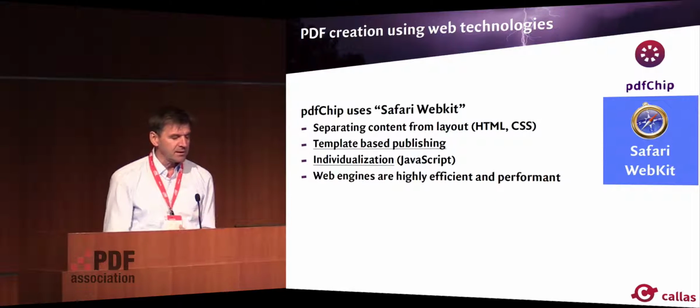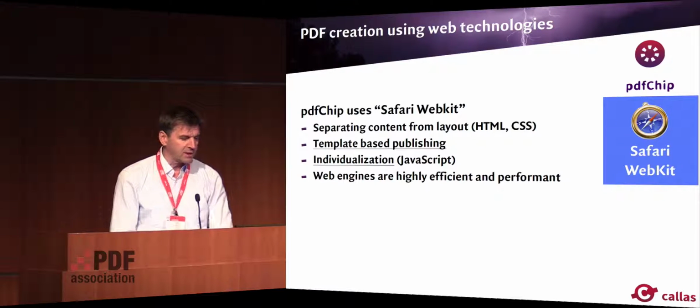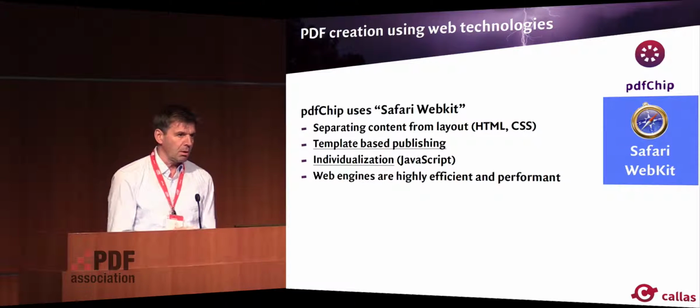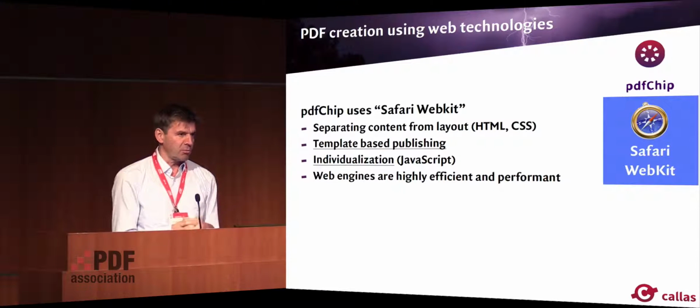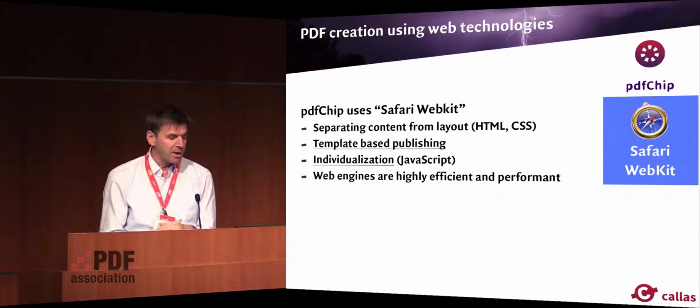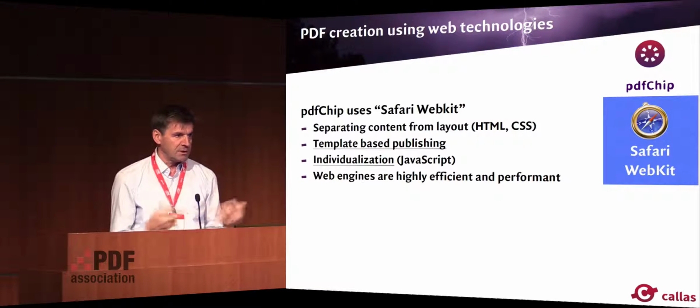What we've done is inside of PDF Chip, the WebKit is working, which is the same browser engine that is being used in Safari. So just a regular browser engine, and that gives you all the abilities that you have in web design and web publishing, meaning you can separate content from layout, which is a principle in web publishing, and that allows you to do template-based publishing, meaning you have a layout and a template, and you just merge it with the actual content on the page.